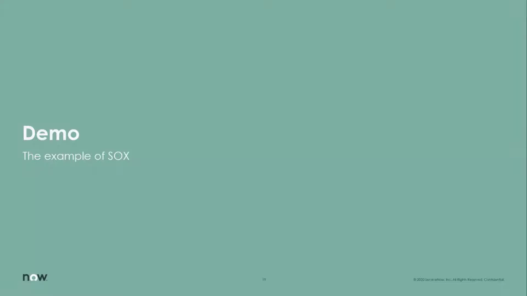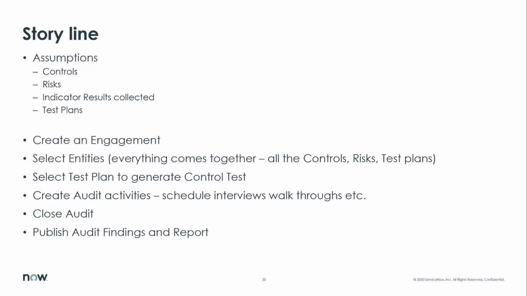Yep, absolutely. So what are we going to see in the demo? Assuming that you've got your control set up, you've got your risk set up, we've got some indicators in play and the results are being collected, and assume that you've got your test templates set up at the control objective layer. We're going to start with creating an engagement.